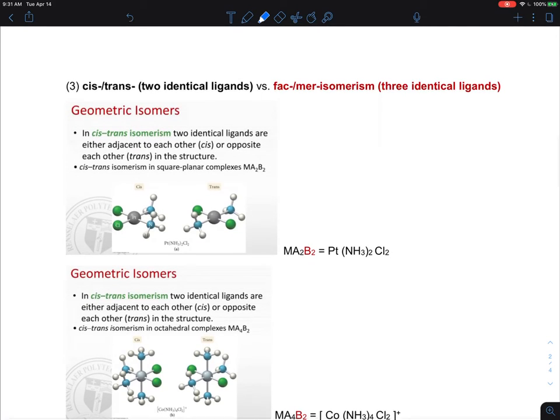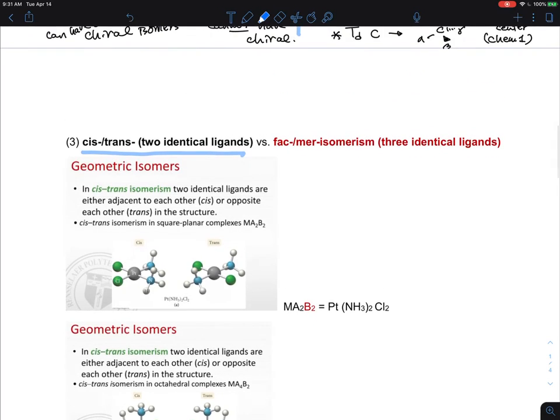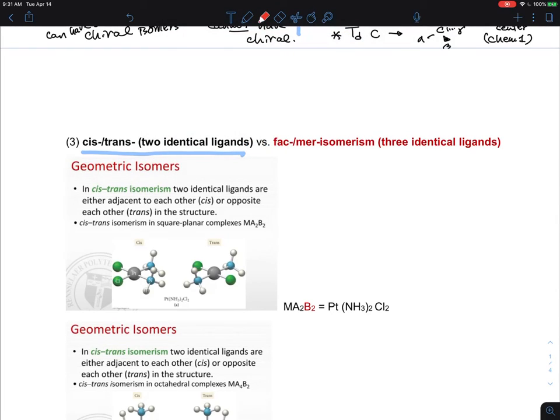Okay, so I am going to continue to solve this cis and trans. So this is cis and trans isomers, and this is the same slide that is shown up here. And then there's something called fac and mer isomerism, and this is something about 3 identical ligands.